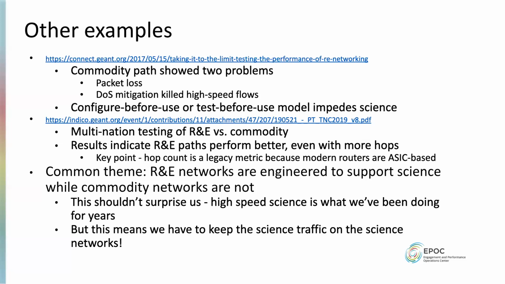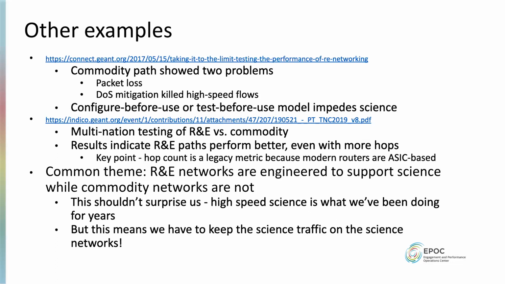Packet loss is not the friend of TCP performance. So if we allow this problem to persist, you end up with a situation where I have to debug it before I use it. Most scientists don't have the time or the expertise or the inclination to do that. It has to work when they walk up to the tool and use it, or they're going to figure out another way to organize their life.